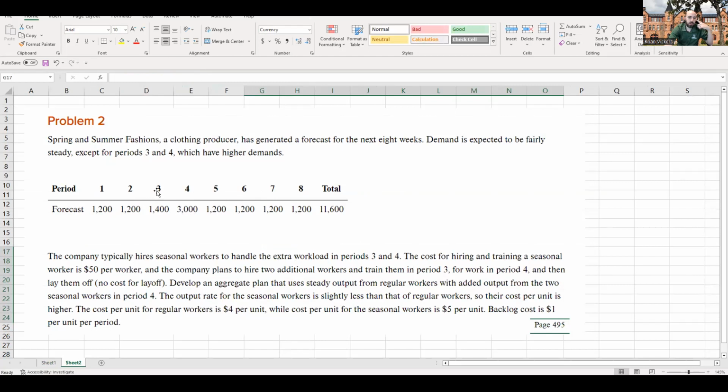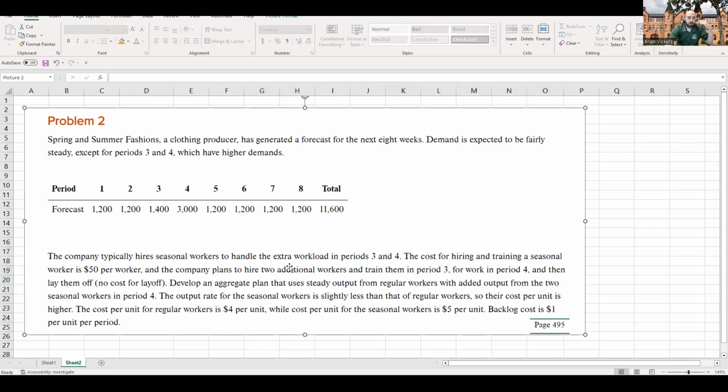We will train them in period 3. And then they'll actually be able to work off the extra backlog and all of the extra production in period 4. They cost more money because they're not as good, and so the output rate's lower, so their cost per unit aggregated and allocated is going to be higher.